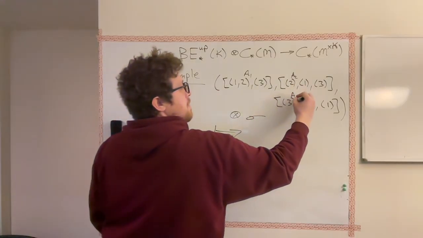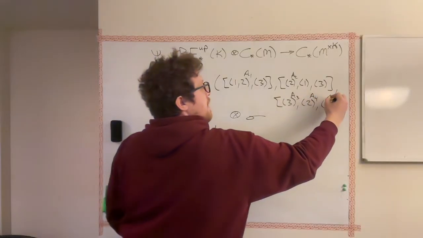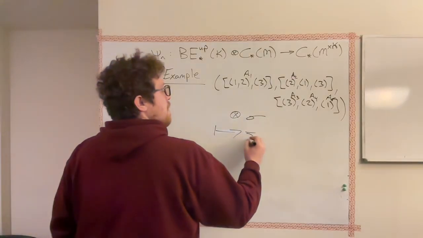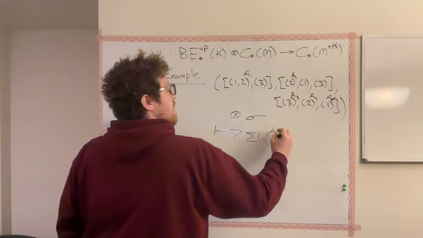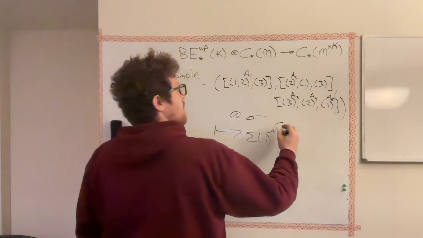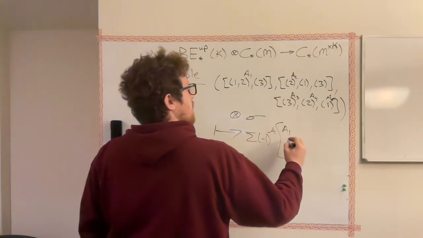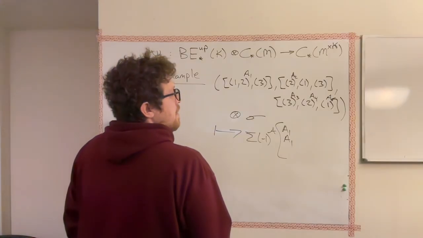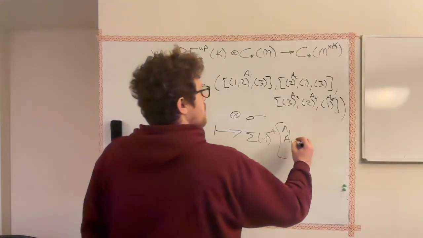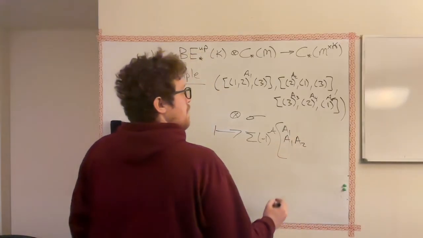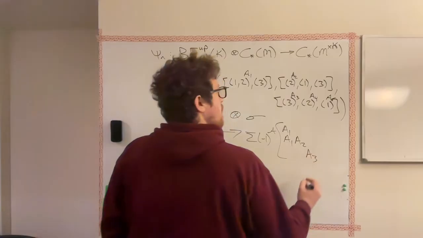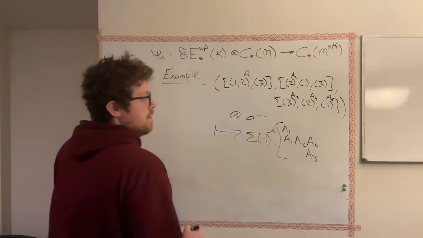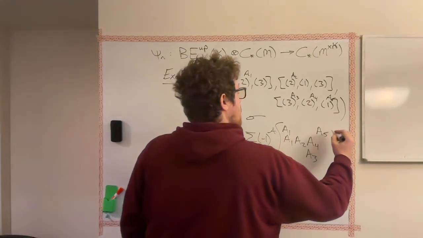So this will be A3, then A4, and A5. So that's the first A configuration. So it'll be a sum over -1A, and then it looks something like A1, A1, A2, A3, A4, A5, like that.